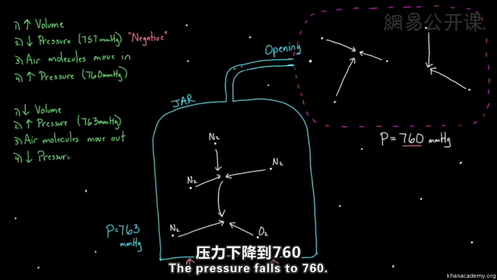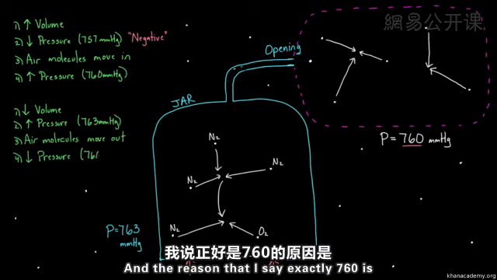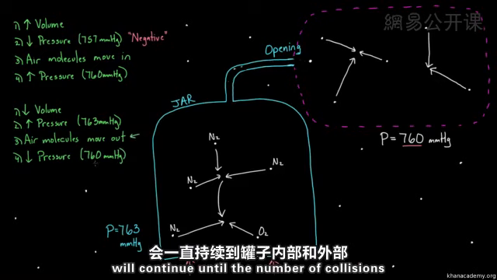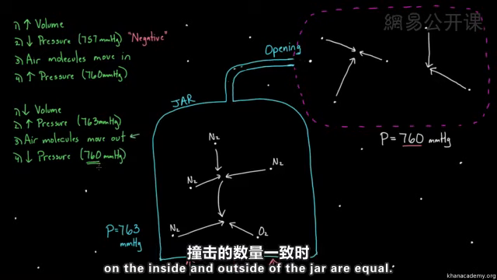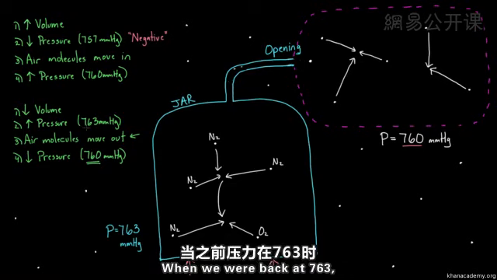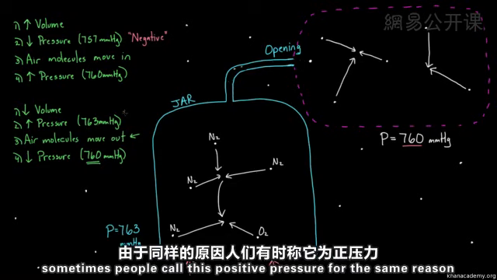to 760. And the reason that I say exactly 760 is because this process in step 3 will continue until the number of collisions on the inside and outside of the jar are equal. So this is the process, and actually I forgot to mention, when we were back at 763, sometimes people call this positive pressure.